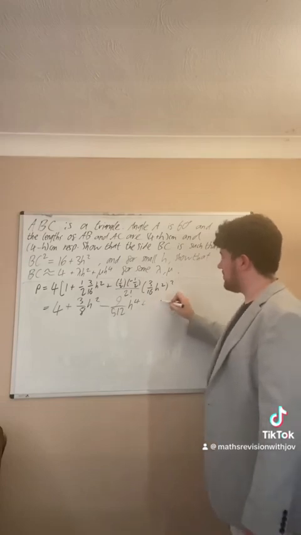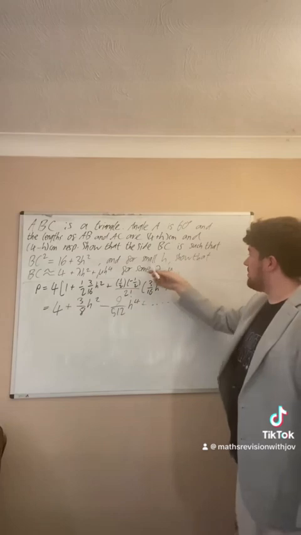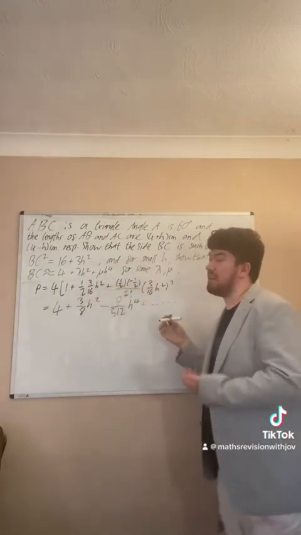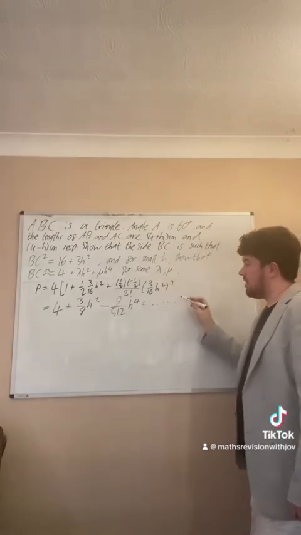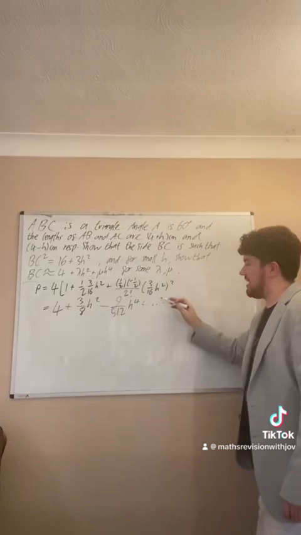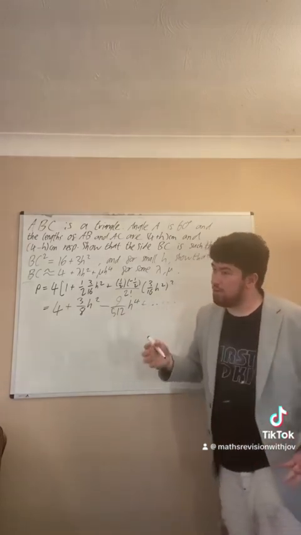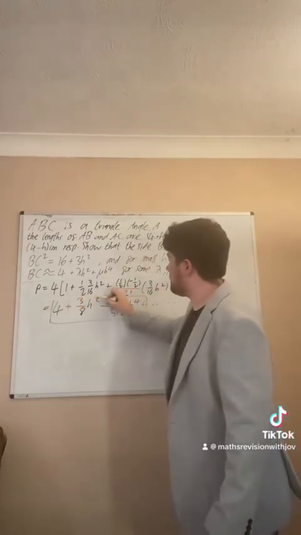There are further terms, but the question says for small h, show that this is true. So for small h, we can neglect any higher terms, because if we keep raising this sum to more terms, we just get h to the 6th and h to the 8th, and then they're going to get really, really small really quickly. So this here is our final answer.